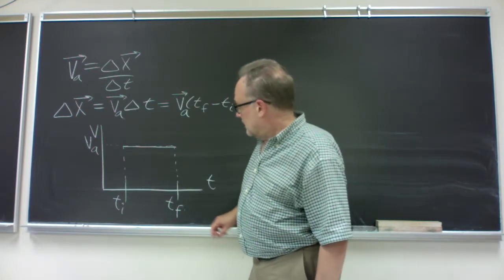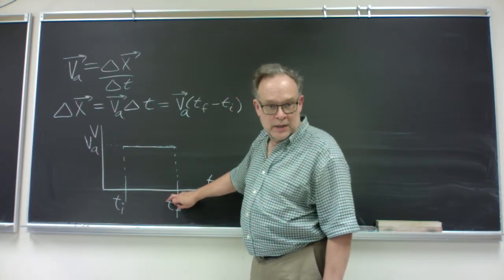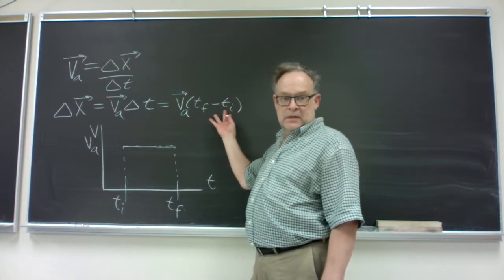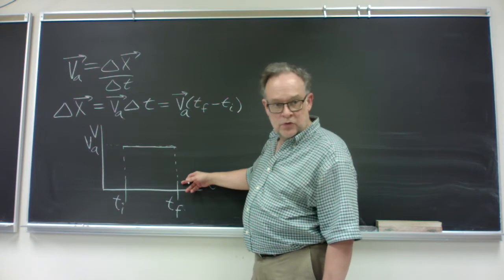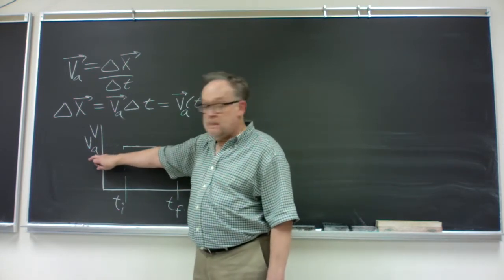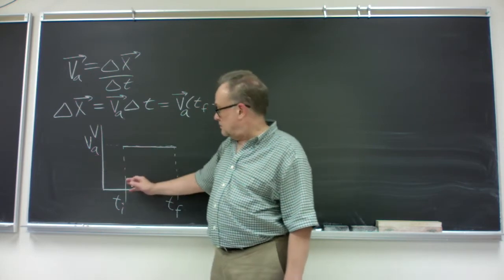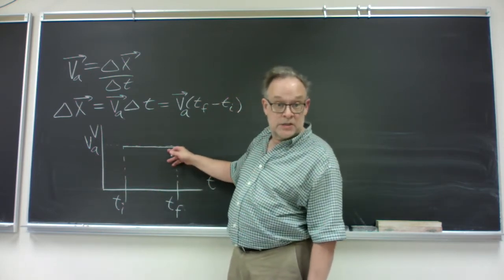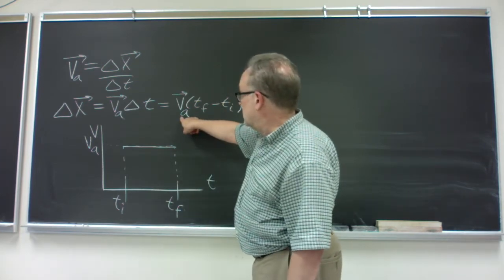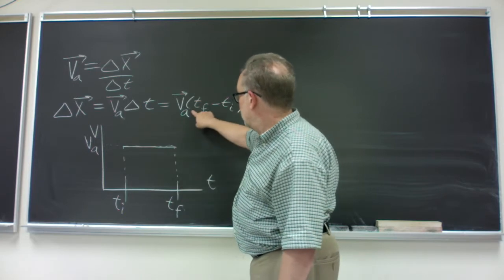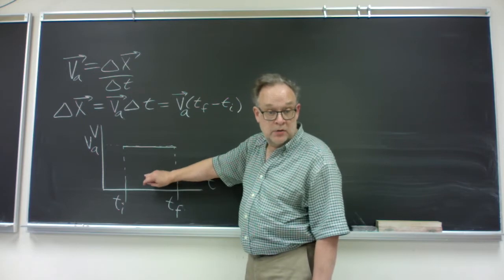And notice that the length here on the horizontal axis is just that, and this height here on the vertical axis is just average velocity, the value of that constant velocity. So that is the same as the height. That is the same as the width of this rectangle.